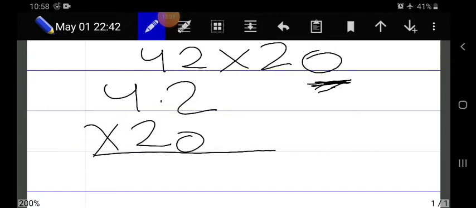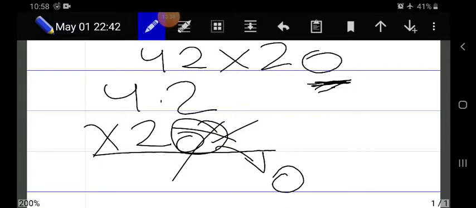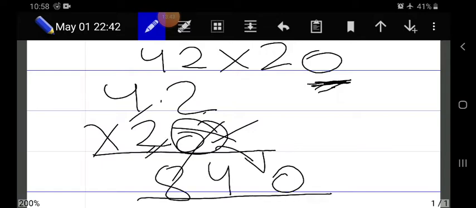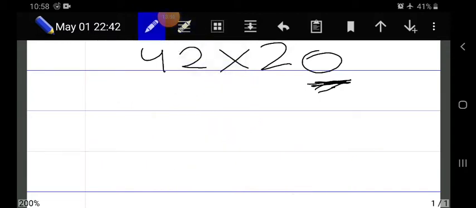You can just keep this 0 here, and now just forget that there is any 0 here. Now simply multiply: 2 2s are 4, 2 4s are 8. The answer is 840. Again I am going to do it right so that there is no mess here.